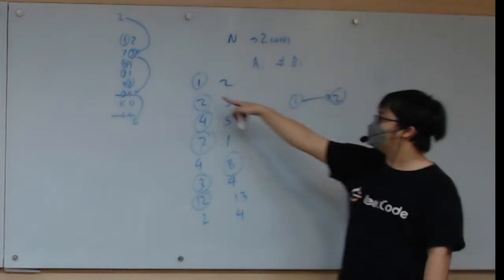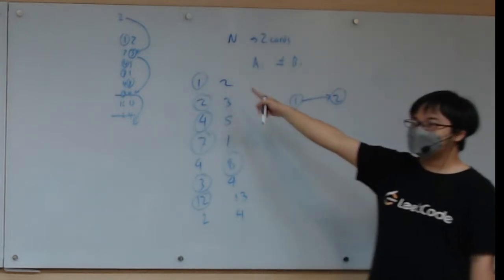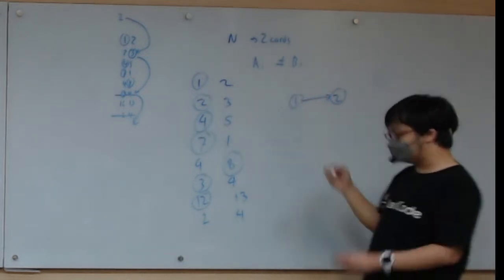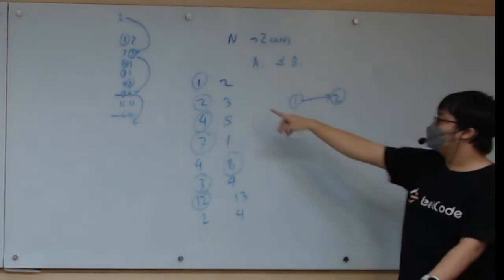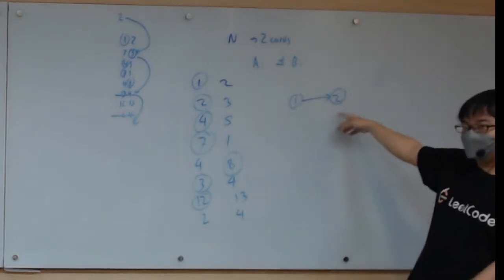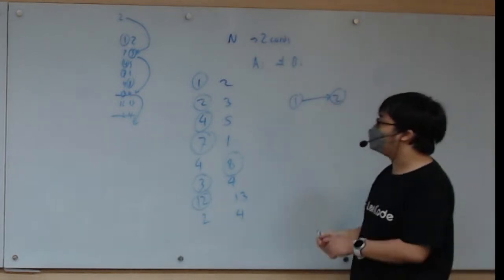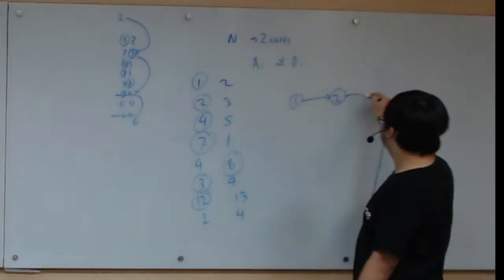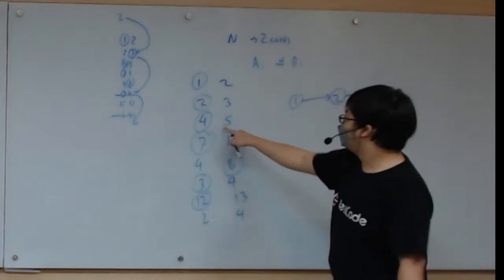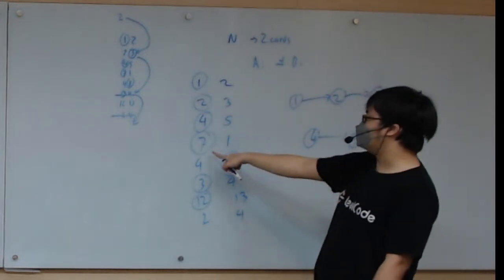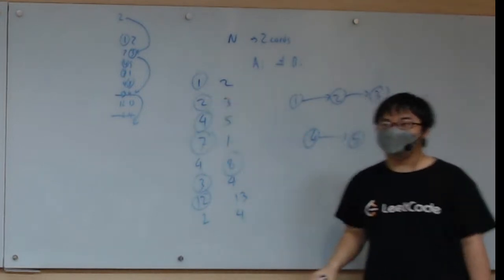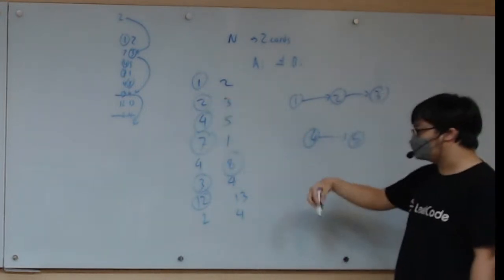So in this case, because we chose the first card and the second card can also be chosen, we add an edge. This means that if this is forbidden or has been used before, this will be forbidden as well, right? This will be used as well. And then here 2 to 3, we add an edge, and then 4 to 5, we add an edge, and then here we don't add an edge because one has already been used before, so we don't add an edge, and so on.